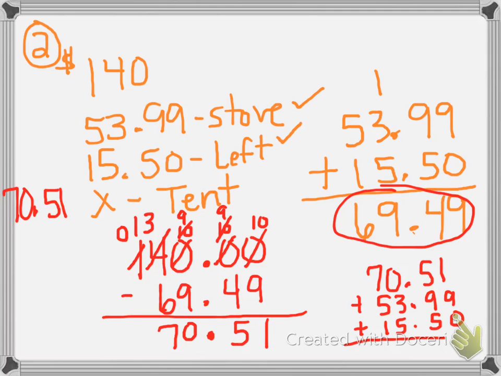And it should equal what? If our answer is correct, it should equal $140 total. So the total cost of the tent, which will answer our question, is $70.51. This completes problem number 2. Let's move on to question number 3.